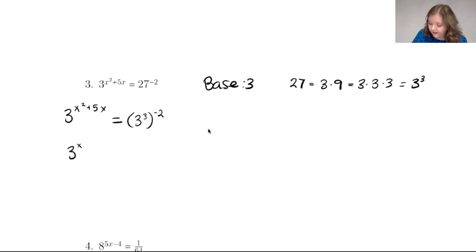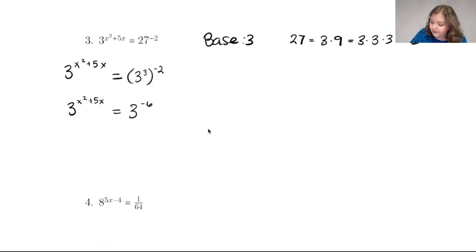So we have 3 to the x squared plus 5x equals 3 to the negative 6. And then we can set the powers equal to each other using that exponential property. So this side and this side.